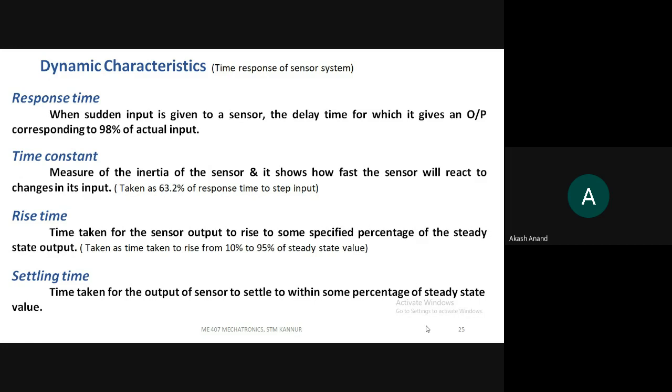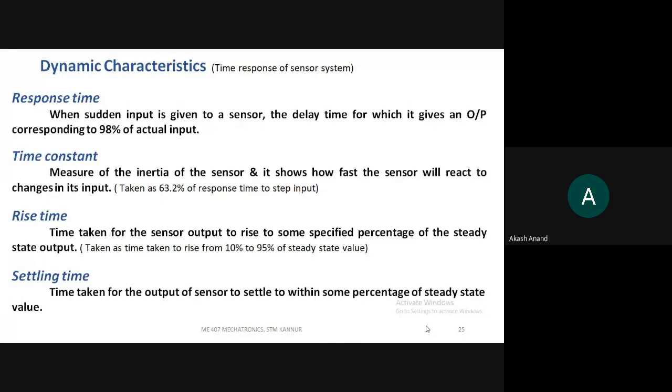Actually, we were discussing dynamic characteristics. Again, I'm telling one more time what the dynamic characteristics are. The response time: when a sudden input is given to a sensor, we know that it is a dynamic characteristic. So, the input will always be sudden, or a step input.